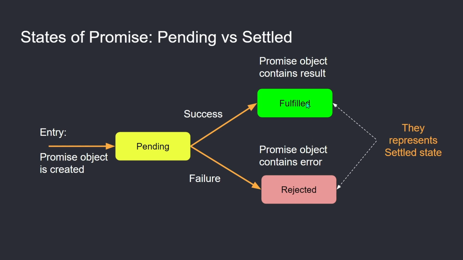Whether the promise is fulfilled or rejected, both of these states represent the settled state. So Promise.allSettled is focusing on the settled state, which is a kind of virtual state. It's not a physical state that exists, but if a promise is fulfilled or rejected, it is considered as a settled state. That is what is used by the Promise.allSettled method.